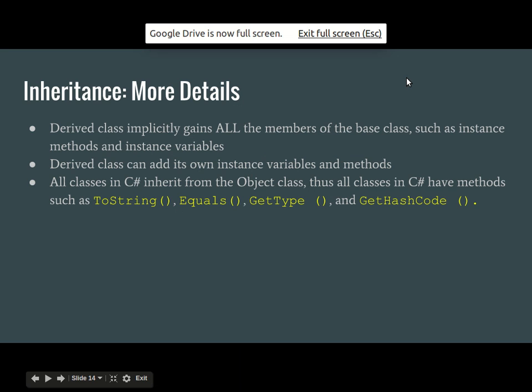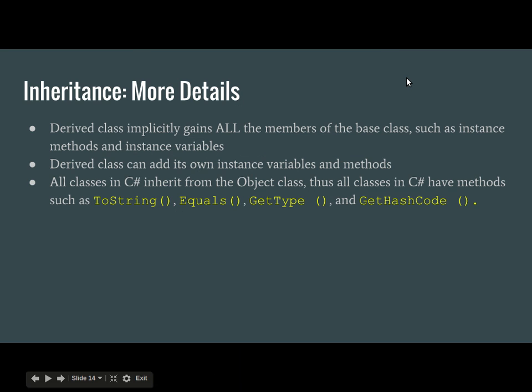All right, a little bit more detail about inheritance. A derived class in C# implicitly inherits all the members of the base class, such as instance methods and instance variables. So if we have the dog class which inherits from animal, the dog class will implicitly get name, gut, greet, excrete, and eat.